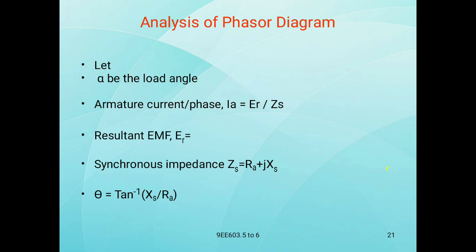Theta, the angle between the resultant voltage and the armature current, is equal to tan inverse of XS by RA. The resultant EMF is ER equal to the square root of V square plus EB square minus 2 V EB cos alpha.